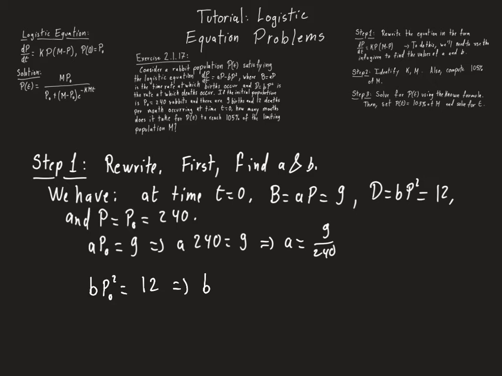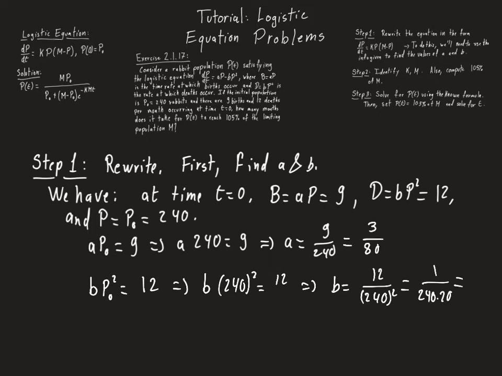So this means that b times 240 squared is equal to 12, which means that b is equal to 12 over 240 squared, which is roughly equal to 1 over, should be what, 240 times 20? Now I should note, just for simplicity, that if we reduce both of these fractions, we get that a is going to be equal to 3 over 80, and b is going to be equal to 1 over 4800.